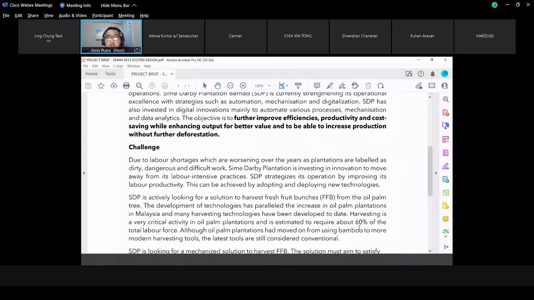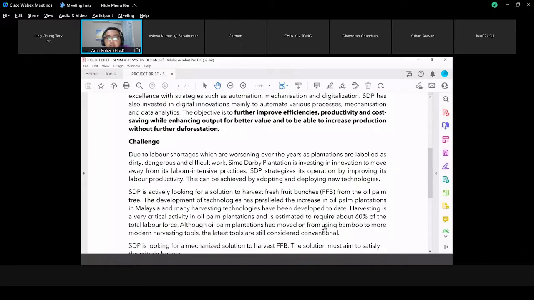So this is where technology is supposed to help this labor. Although oil palm plantation has moved on from using bamboo to more modern harvesting tools, the latest tools are still considered conventional, the way they are cutting the fruit.